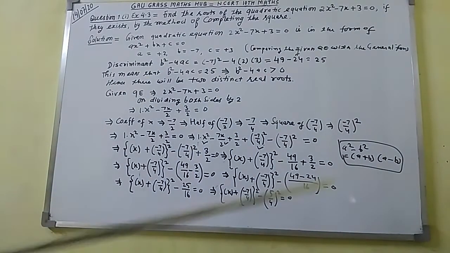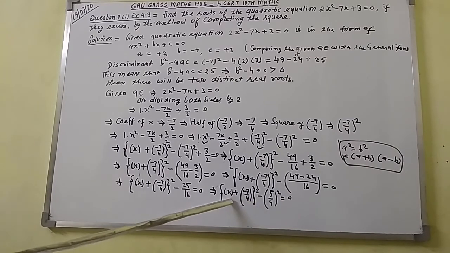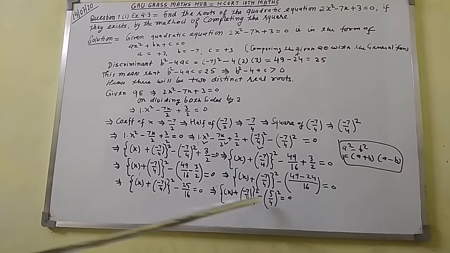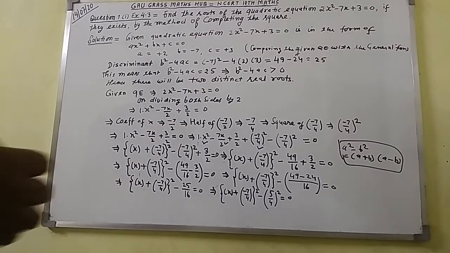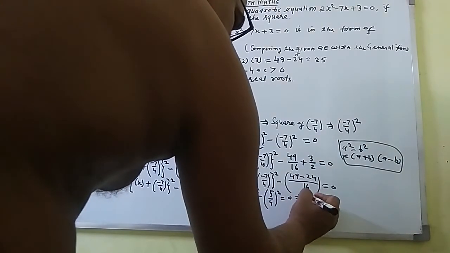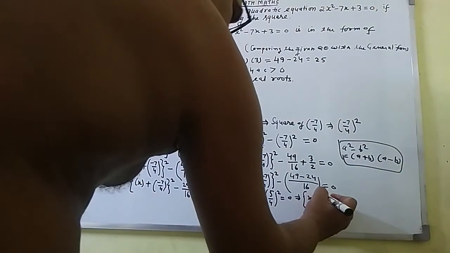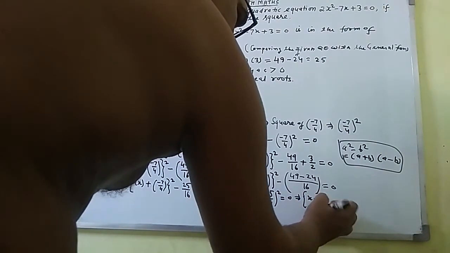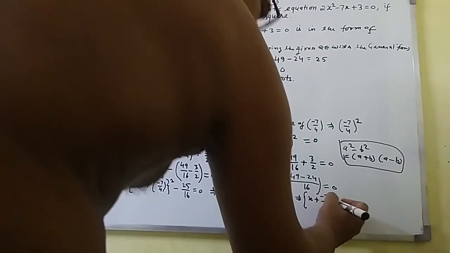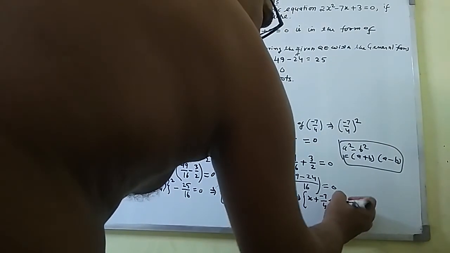In this formula, the whole value from here to here will be termed as a, and this value b. Apply here a square minus b square. If you do like this, you will get, open curly bracket, x plus minus 7 over 4 plus 5 over 4 in one bracket.